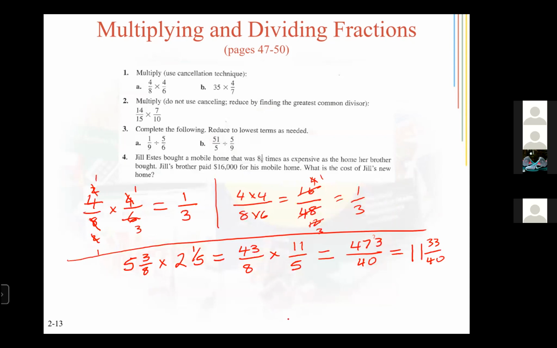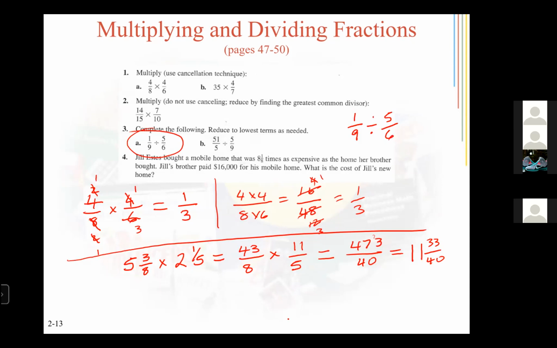Once you invert it, you can go ahead and treat it just like a multiplication. If you look at this one here, it's 1/9 divided by 5/6.